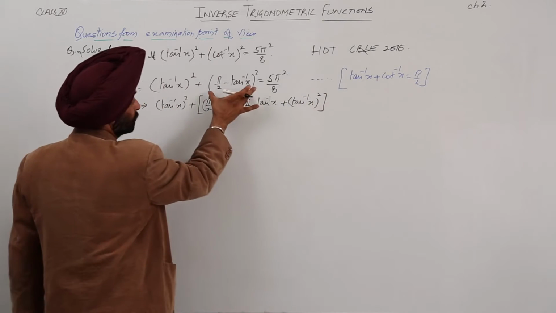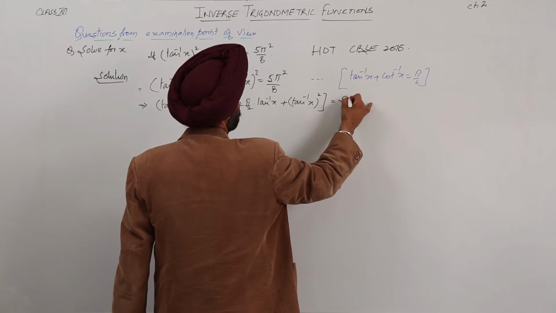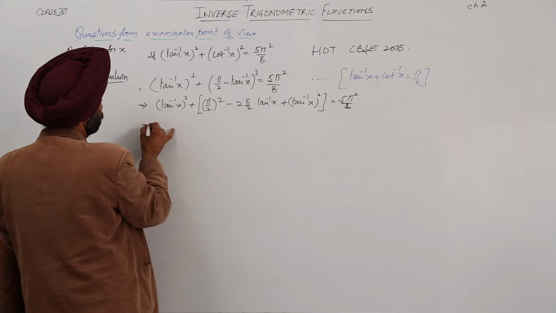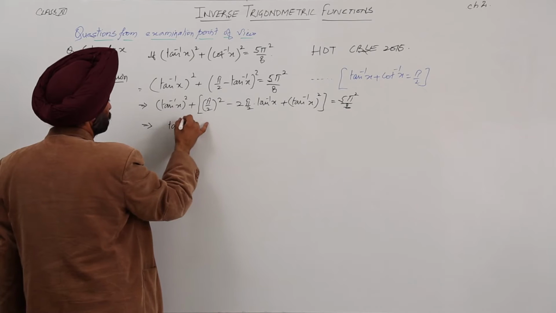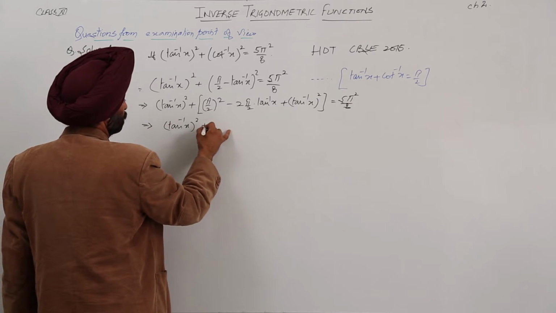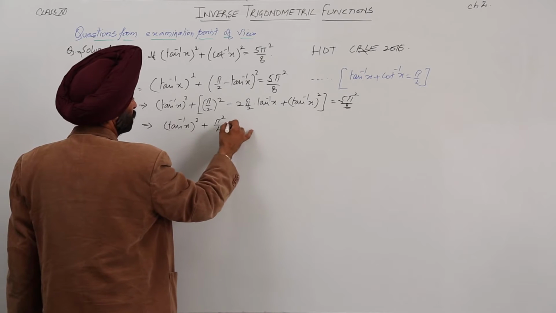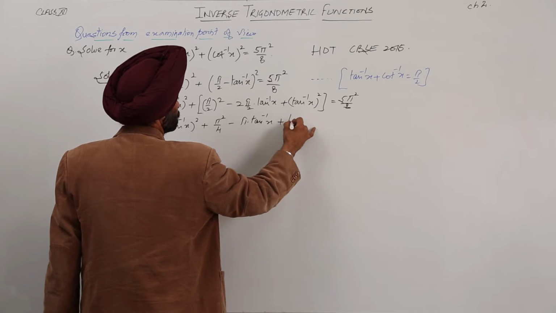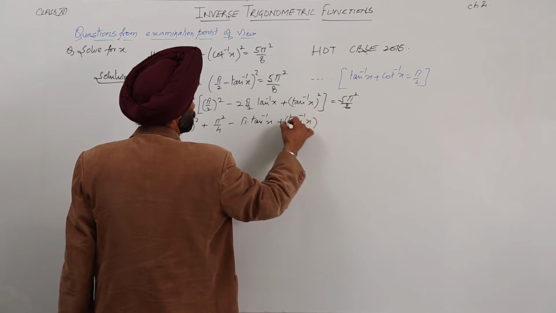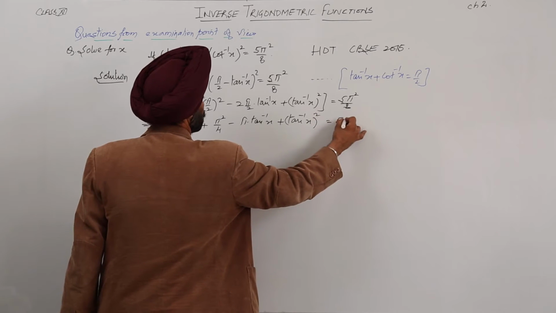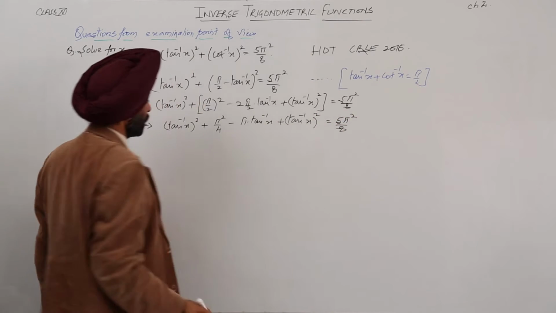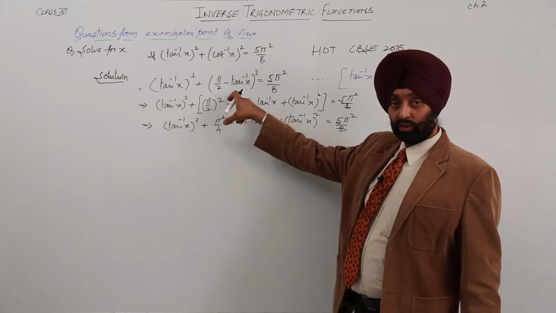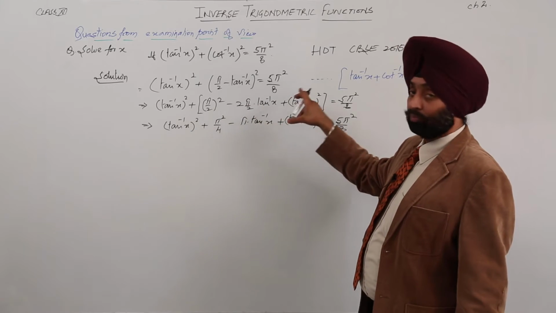So this is equal to 5 pi square by 8. So now we are having here (tan inverse x) whole square plus pi square by 4 minus pi into tan inverse x plus (tan inverse x) whole square is equal to 5 pi square by 8. I have used the identity (a minus b) whole square is equal to a square minus 2ab plus b square.